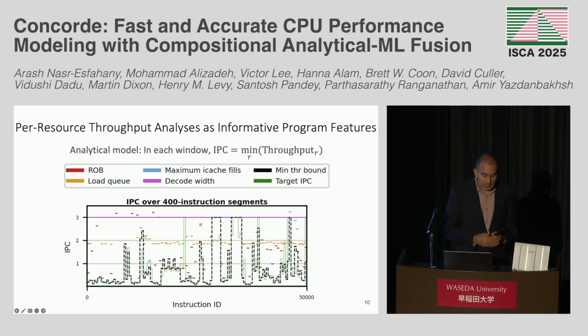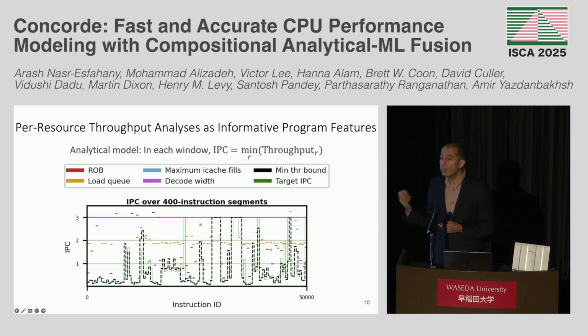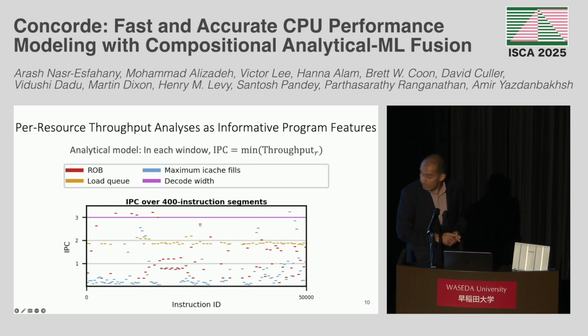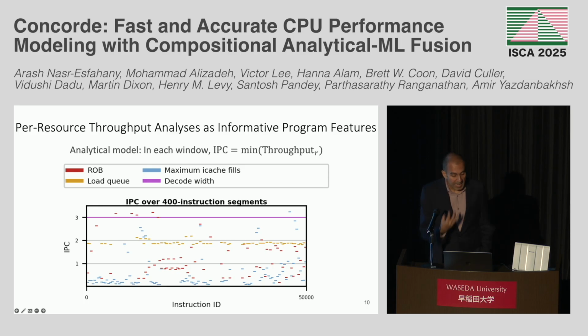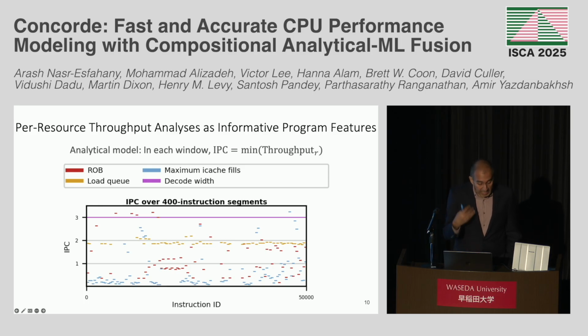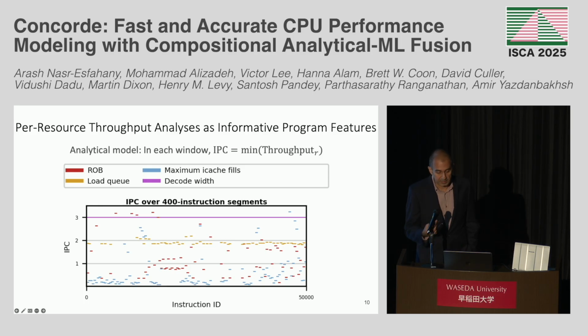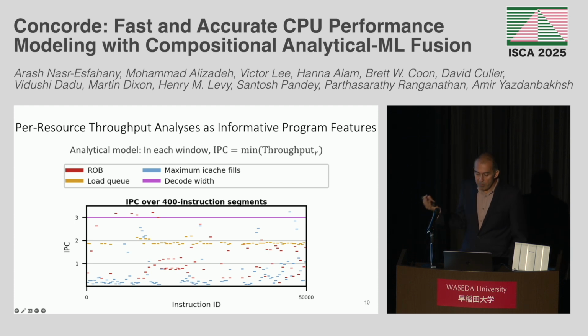For example, it doesn't model interactions between multiple bottlenecks. It's just everything in isolation. However, these per-resource throughput curves still provide informative and compact features that capture the first-order effects driving performance. They are essentially the key performance characteristics of that particular program.